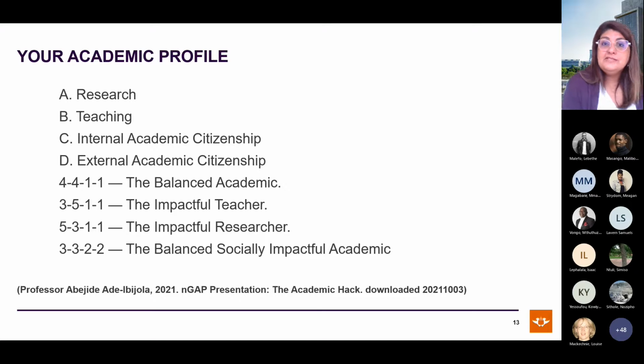Then you have the impactful researcher who maybe spends more time on the research. But then you get the balanced, socially impactful academic who spends a greater proportion of time also on internal academic citizenship and external academic citizenship.